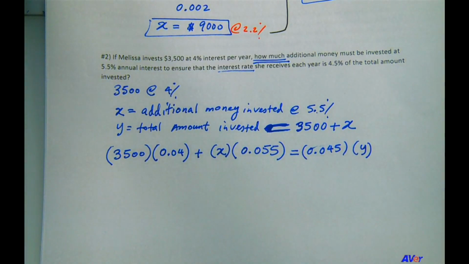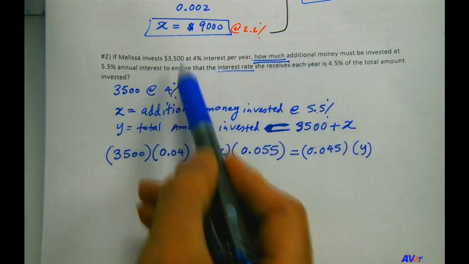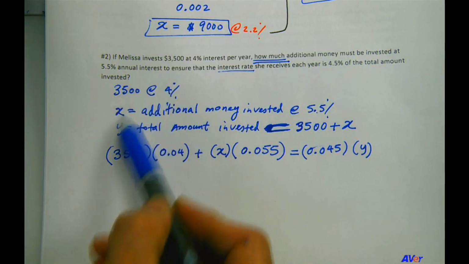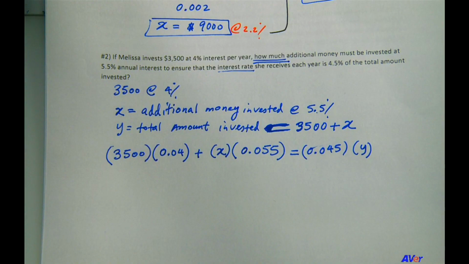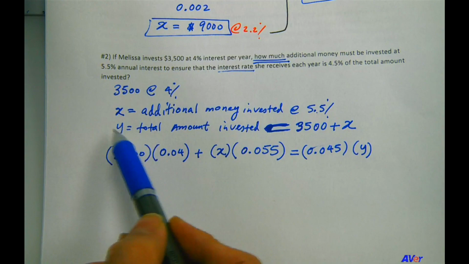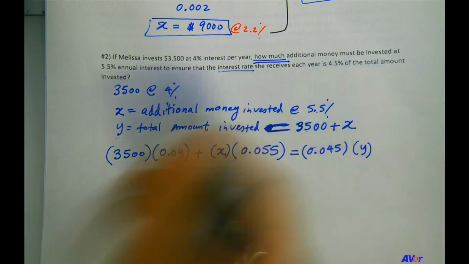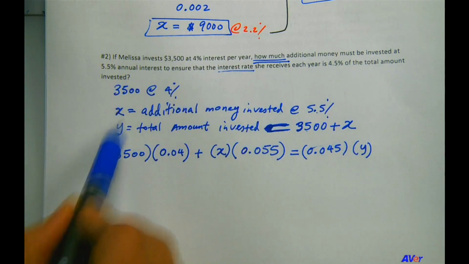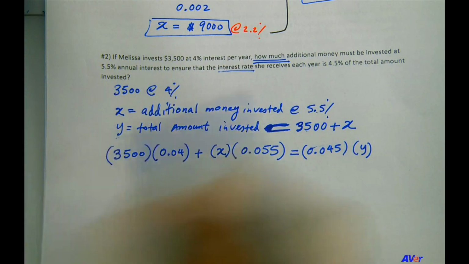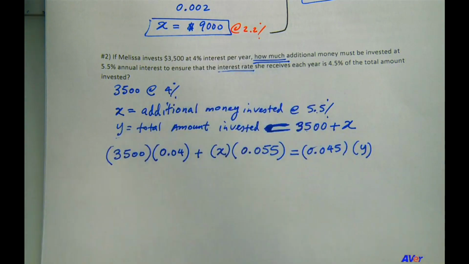Okay, so notice what happened here overall. Take a look at the big picture. First, I went through the information, I read it, and I translated it into symbolic form. That's how X and Y came about. That's how Y came about being equal to 3,500 plus X, just by reading the information, creating new variables, and assigning this information to each variable.